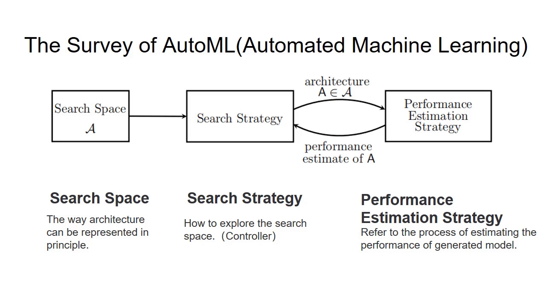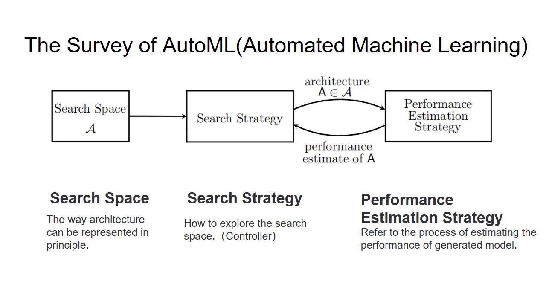The second part is the search strategy. The search strategy tells how to explore the search space, and it is also called the search strategy controller. The third part is the performance estimation strategy, which refers to the process of estimating the performance of the generated model.